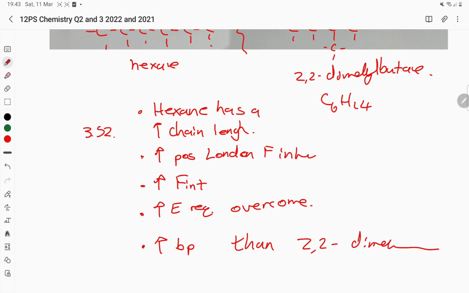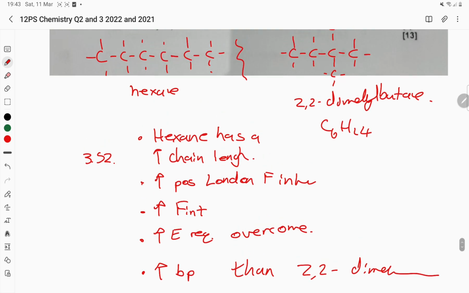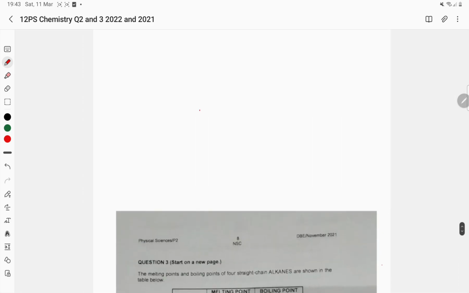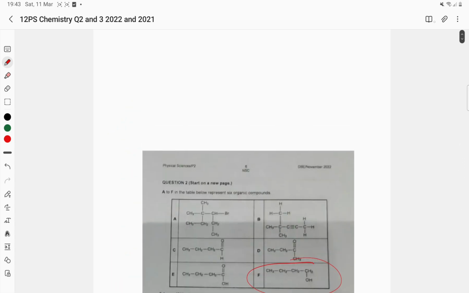Wow, can't believe I forgot that part of the RAINP. So we have to include that. And then we get that hexane will have a higher boiling point than 2,2-dimethylbutane. And that's it. Hope this helps for your exam.